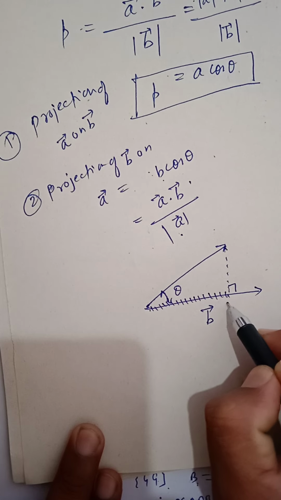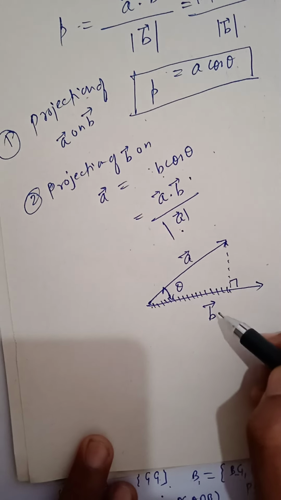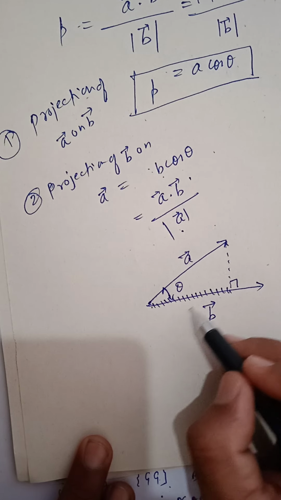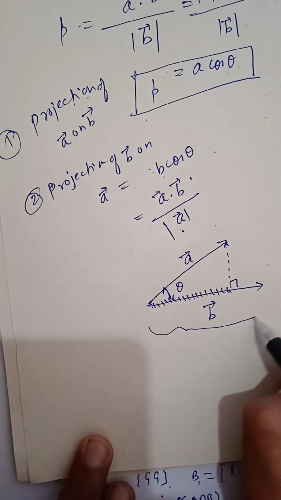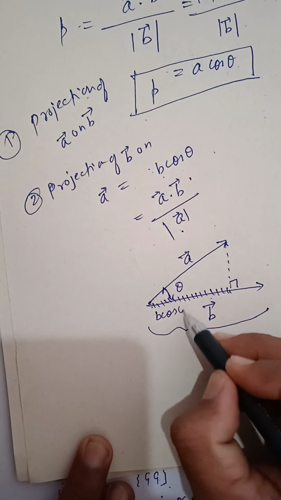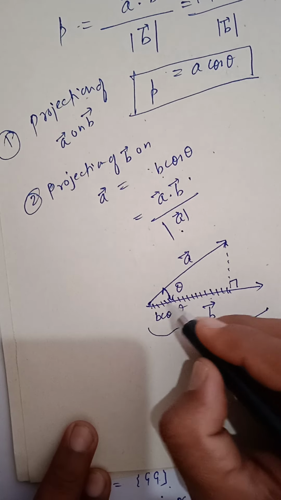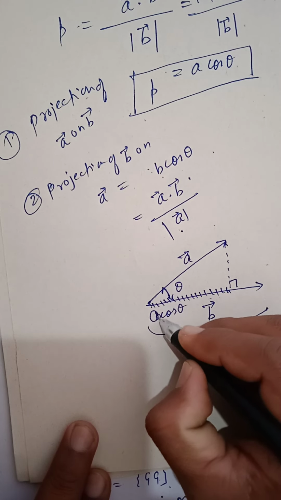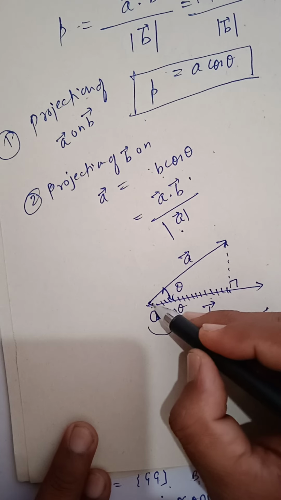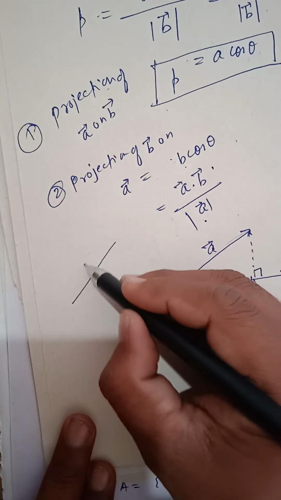This part of vector B is nothing but the projection of vector A on vector B. This is the entire vector B and this part is A cos theta, because the length of the vector segment is A.